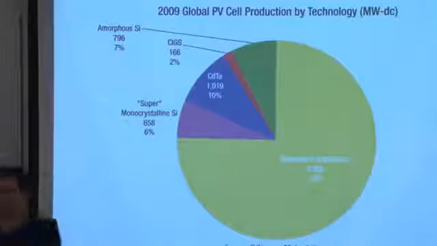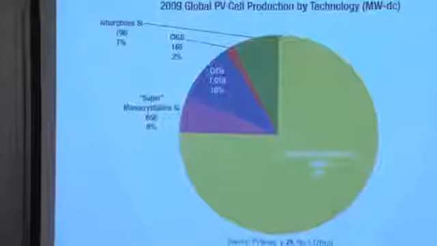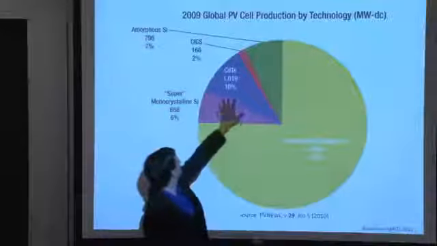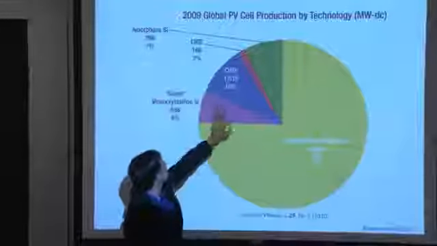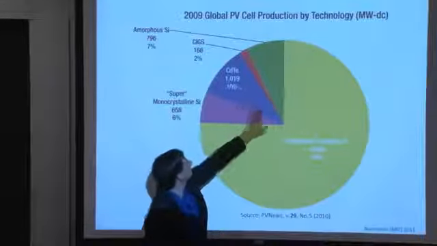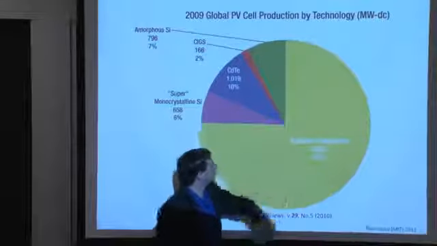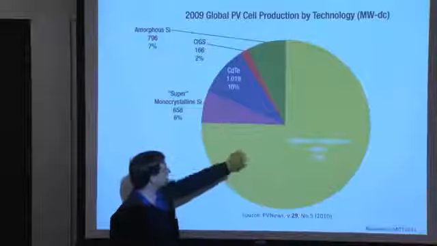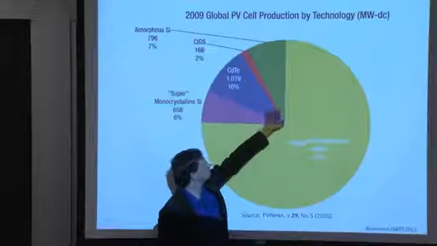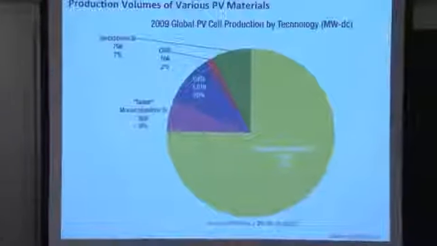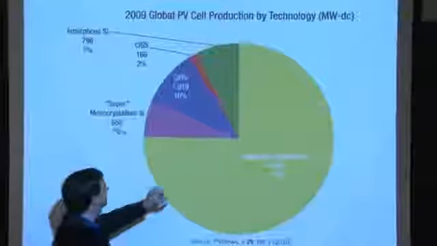So it's now about 90% crystalline silicon, 10% thin films worldwide in 2010. But the breakdown between the different thin film technologies: we had so-called cadmium telluride, CIGS, that's copper indium gallium diselenide, and amorphous silicon. And the dynamic between 2009 and 2010 was that the amorphous silicon shrank a bit, CIGS grew, and CdTe continued growing, but more marginally because it was already big to begin with.